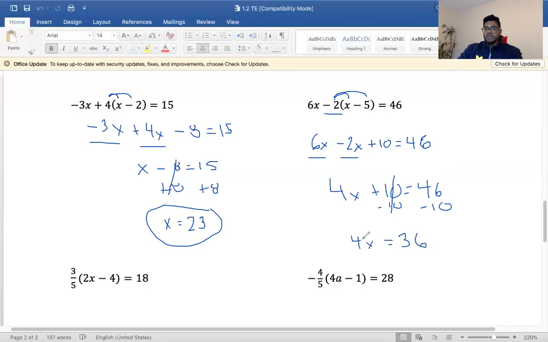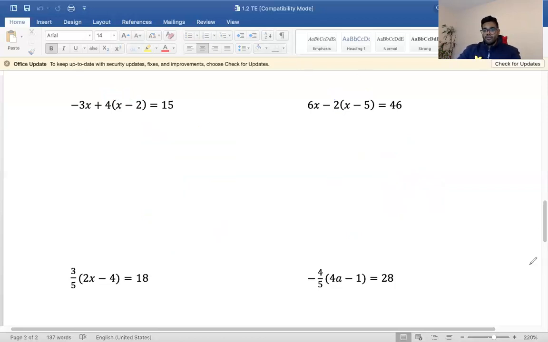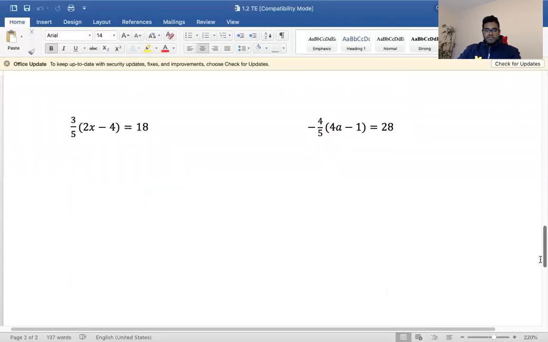Again, whenever you can't see an operation, if there's just 4 next to an x, this means 4 times x. Divide by 4. Divide by 4. x equals 9. Moving down.